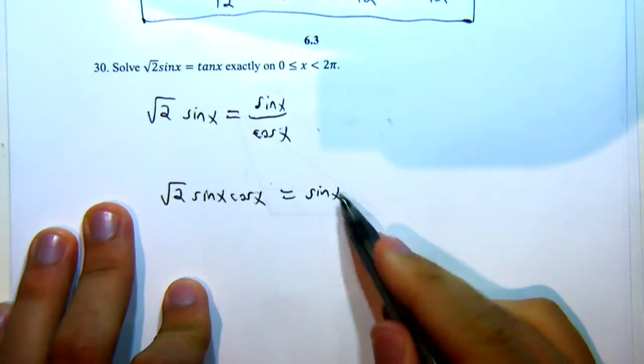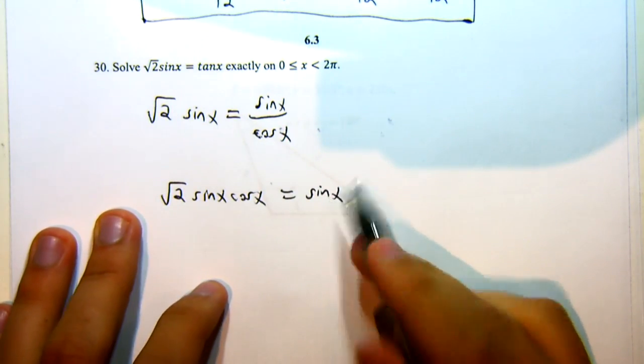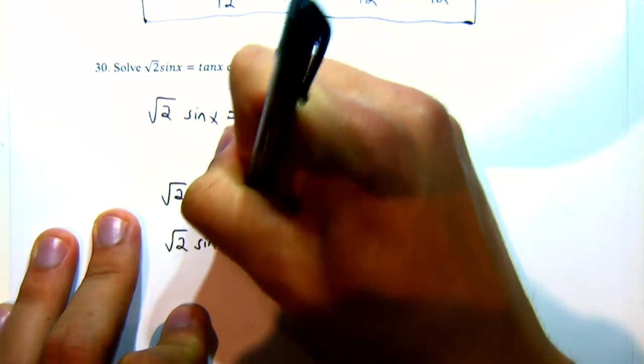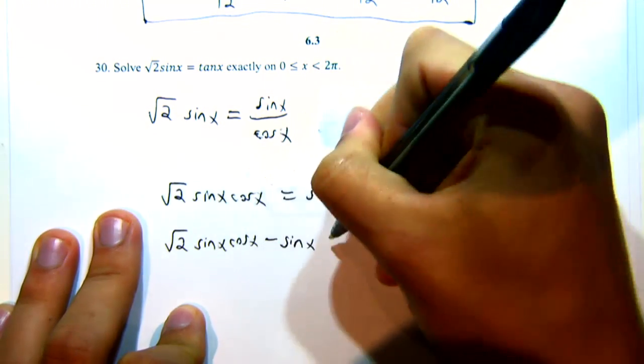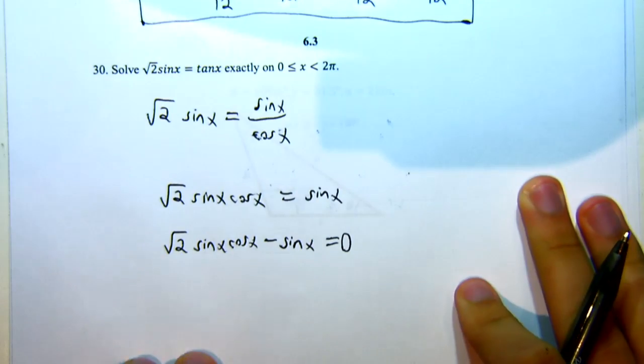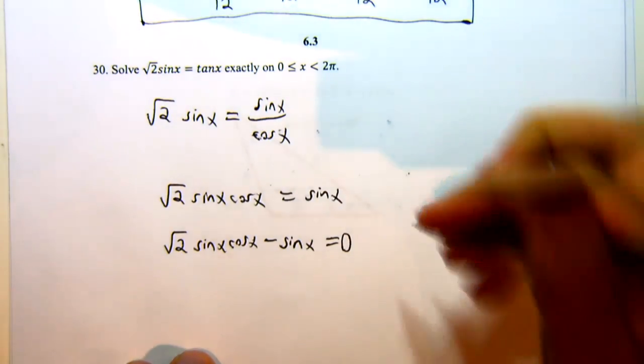Now we want to get a 0 here so we could find our zeros, right? So we subtract sine from both sides. Now we can factor out a sine.